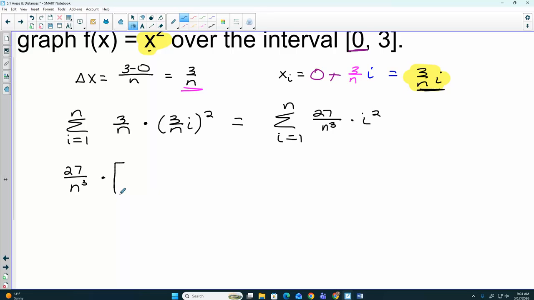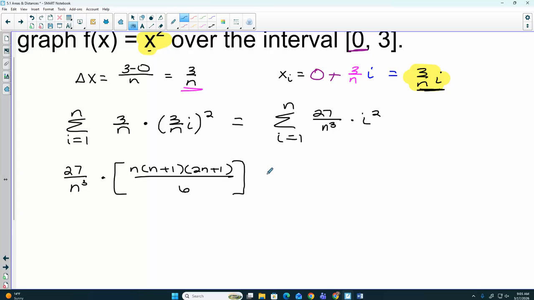Times, then I'm adding up i squared. What's the i squared formula? n times n plus 1 times 2n plus 1 over 6. Remember that's from Friday. We did i squared and i cubed.